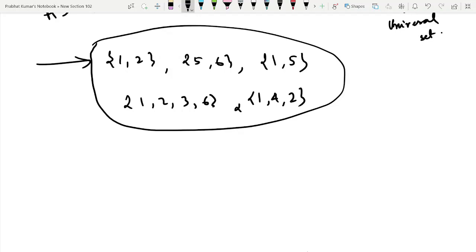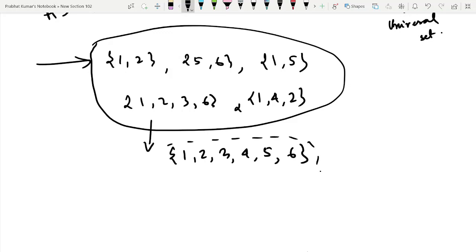When you see such things, sometimes it is necessary to define a guardian of the set. What guardian can we define for these sets? We can define the set 1 2 3 4 5 6. Now all of this becomes a subset of this set. It acts like a guardian or a universe for these sets. So this is the universe, and everything happening here is within this universe, right?